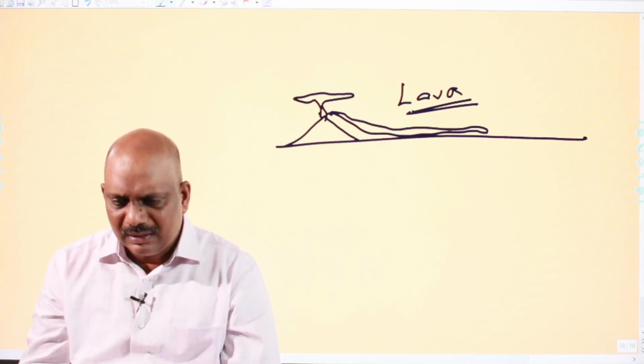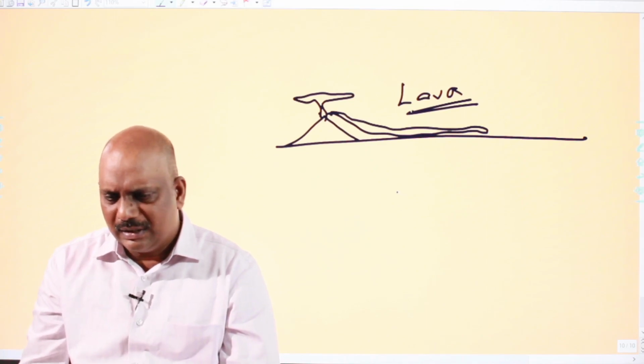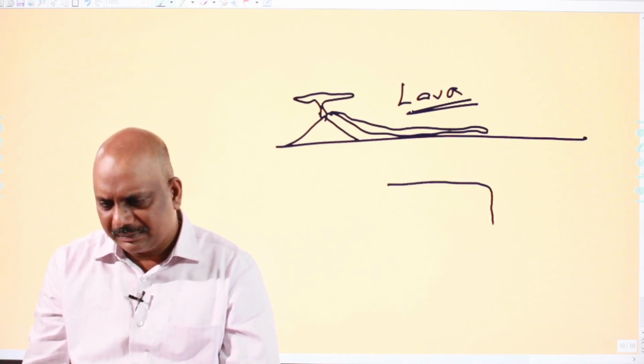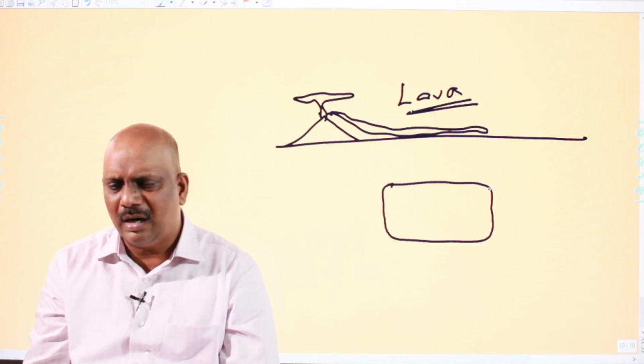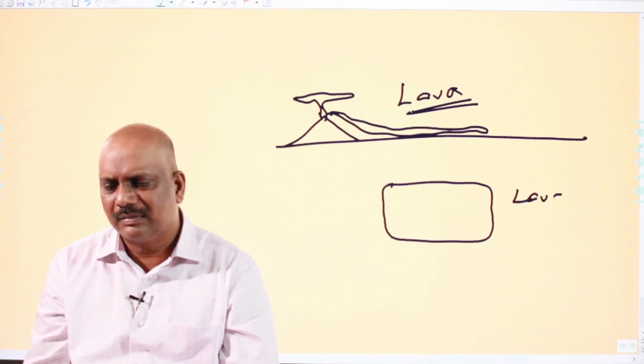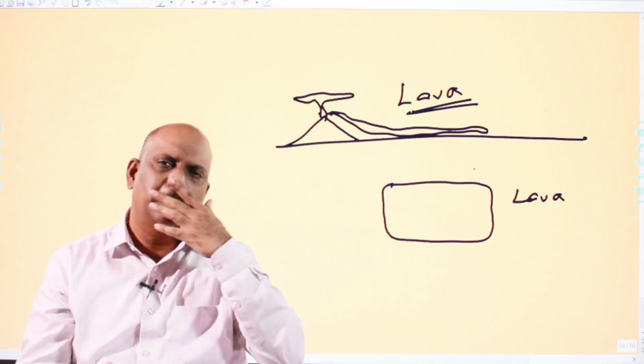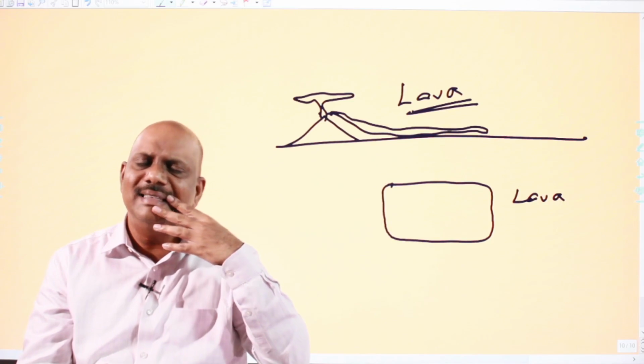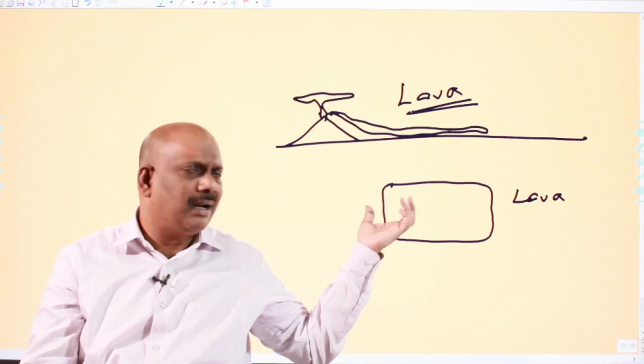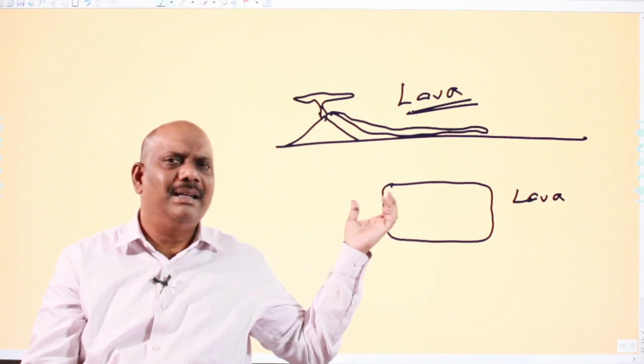Okay. So there is one such phenomenon which happened here. This is the hot lava. Initially it will be in a liquid state. While it is in a liquid state, there will be a number of magnetic materials here.